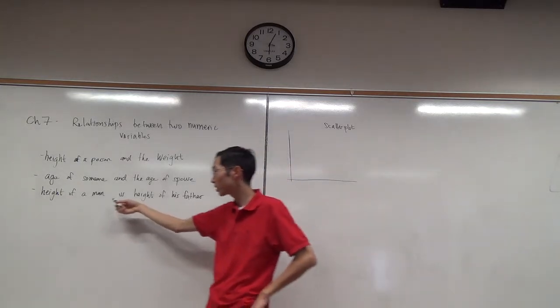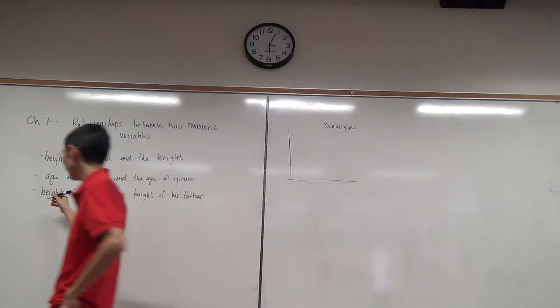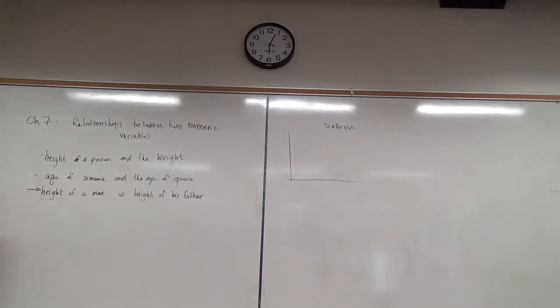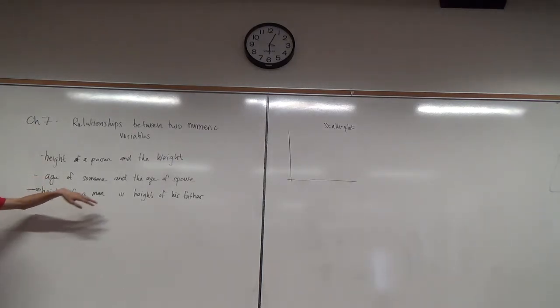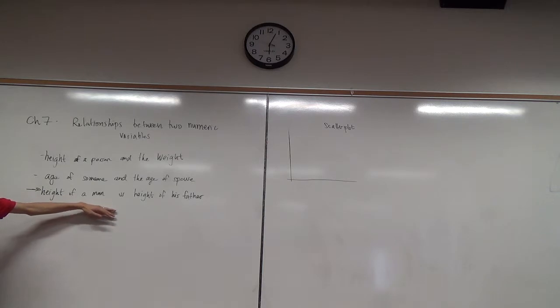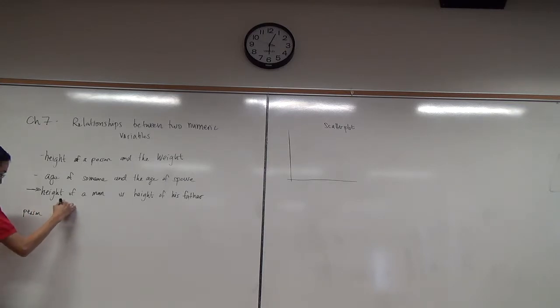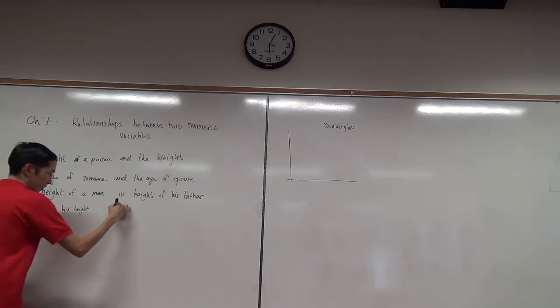In this example, each case is a person, and we would have one numeric variable, the man's height, and another numeric variable, the height of his father.